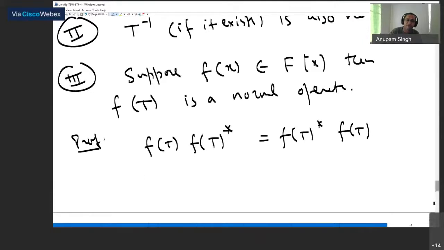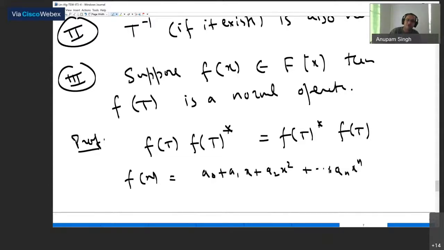This means if I expand this out, suppose f(x) was something like a0 plus a1x plus a2x squared plus so on, an x to the power n. So if I say f(T) into f(T) star, I have T squared and T to the power n. f(T) star would be T star squared, T star to the power n. Since T and T star commute, I can at each step write T star before T, and I will get exactly f(T) star into f(T).